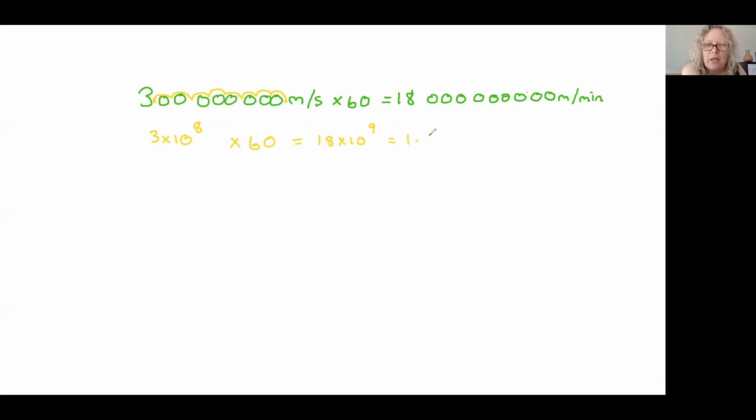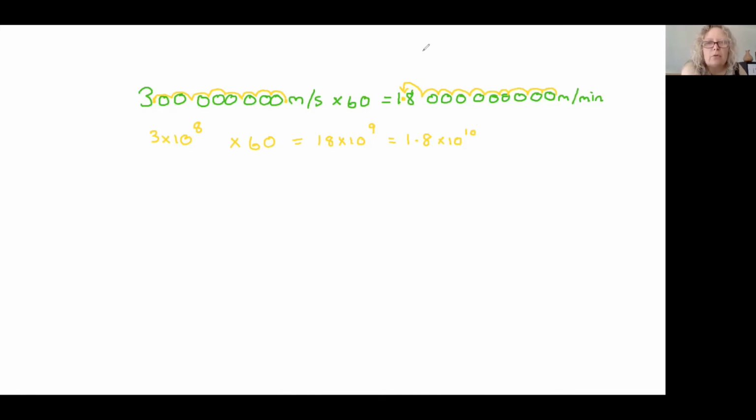We're going to go 1.8 times 10 to the power of 10. So we put the decimal in here. We start at the end and we go 1, 2, 3, 4, 5, 6, 7, 8, 9, 10. We go to the first number that is not a 0, decimal point goes after it, and all of these spaces that come after that is that number there.